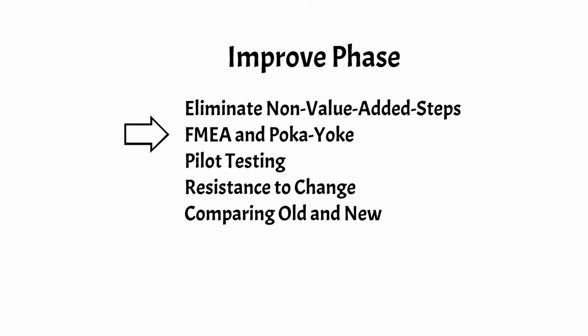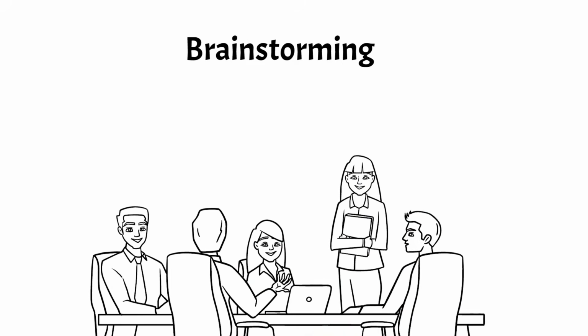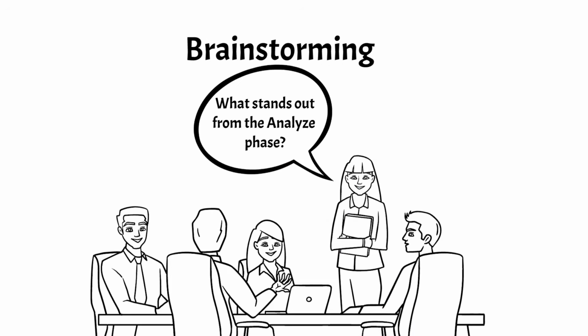FMEA and Poka-yoke. One way to address many of these alternatives is to schedule a brainstorming session attended by relevant stakeholders, during which time all of these possibilities for improvement are discussed. Their input can be instrumental in motivating change and limiting resistance that often interferes with what has to be done.